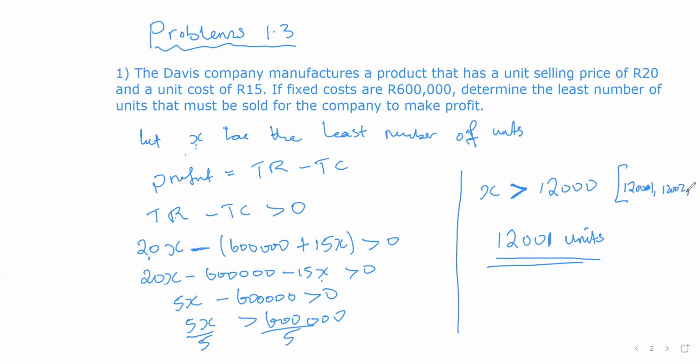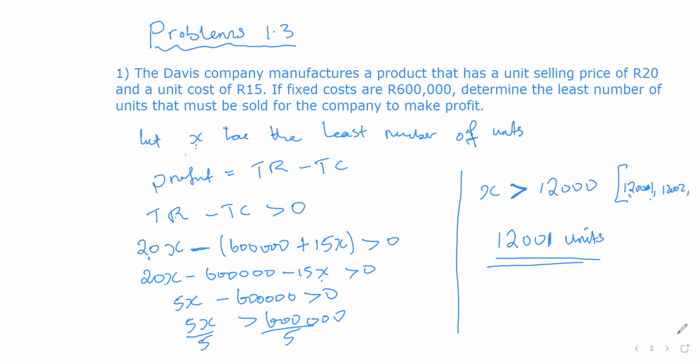These are the values strictly bigger than 12,000. The least of them is 12,001. So that's the least number of units that need to be produced for us to have a profit.